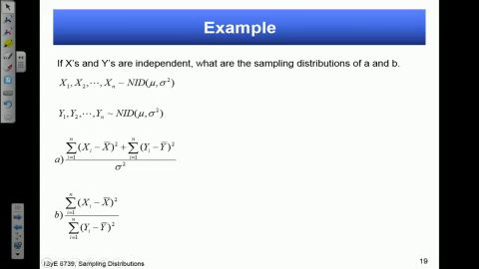What should our answer be? Like one of the distributions? Yep, exactly. Is it normal, F, chi-squared, t, anything? What is it? With the degrees of freedom. Yeah, a distribution with the degrees of freedom.